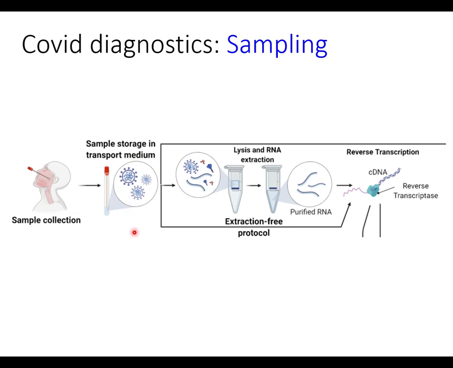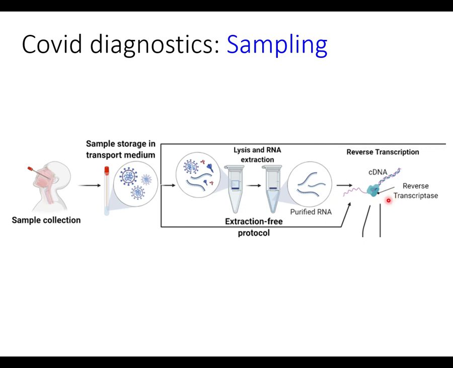And what then happens is a lysis and extraction, when you get to the lab, the sample is lysed up, normally using a chaotrope which breaks up the virus and releases the RNA from inside it. The RNA is bound to a column and purified away from the cell debris and viral debris, and then we take the purified RNA into a downstream reaction process.